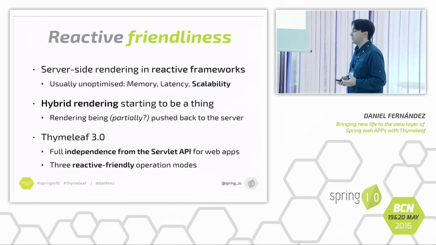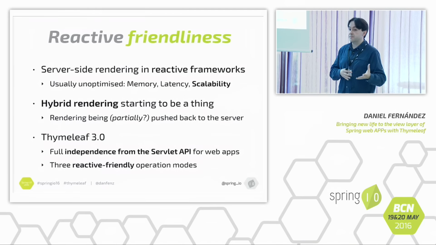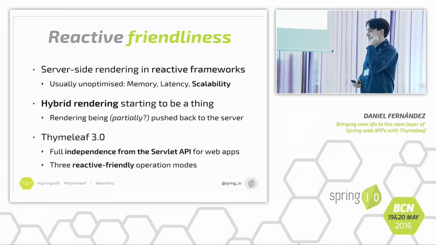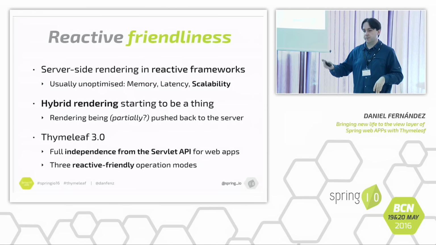It is difficult because in a servlet API-based application, you have a response. That response has a writer. You can just pass that writer to the template engine, and the template engine will just write there. But in a reactive framework, you normally don't have that.